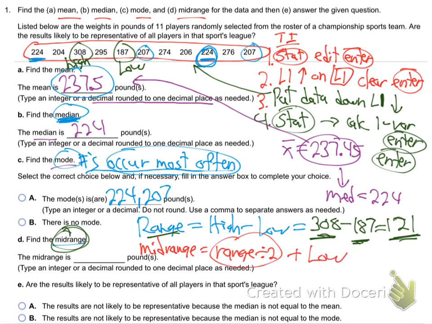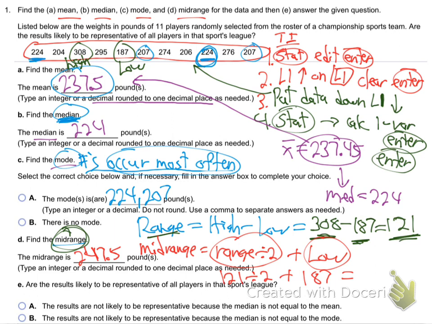Because this gets you halfway added to the low number. So if I take 121 divided by 2, add to the low number, which was 187, I get 247.5. That's like the mid-temperature, the mid-range.